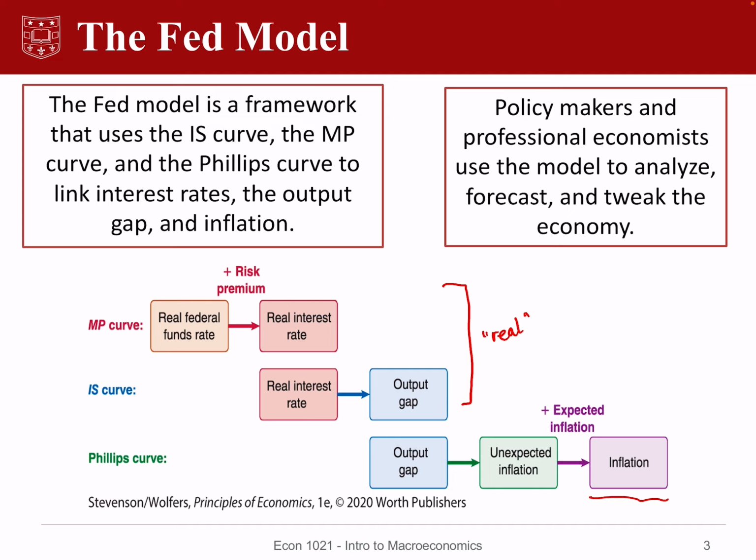And then with that, we can identify the amount of unexpected inflation that occurs as a result of, say, something happening on the real or nominal sides of the macroeconomy, and use that in concert with the expected rate of inflation. So this is given to us, or held fixed in our analysis, to determine the actual amount of inflation.